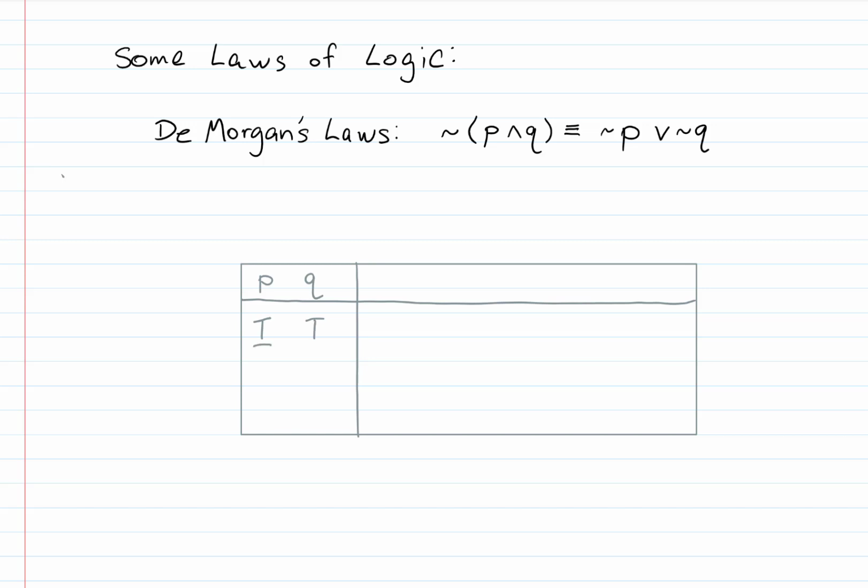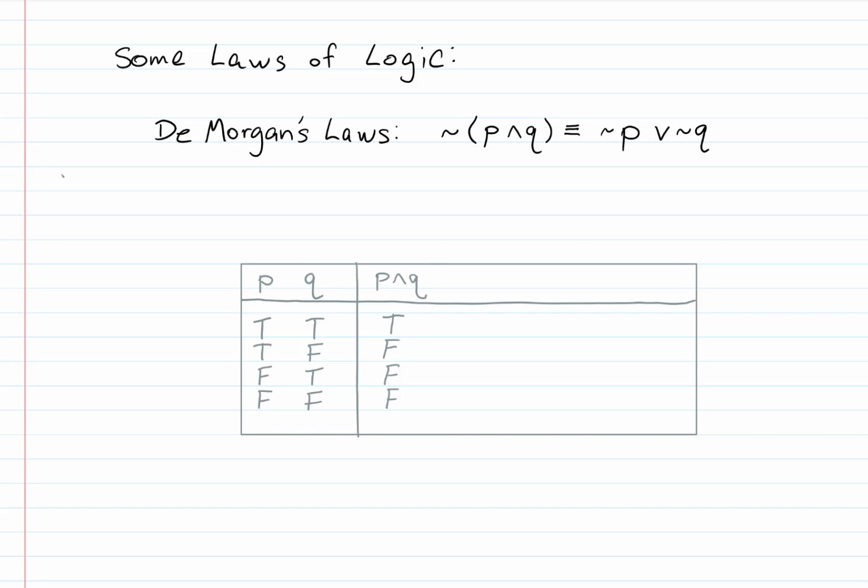True, true, true, false, false, true, false, false. Okay. Let's now make a column for the conjunction of those two, P and Q. Conjunctions are true if and only if both components are true. So this should be true, and then false in the other three possibilities.